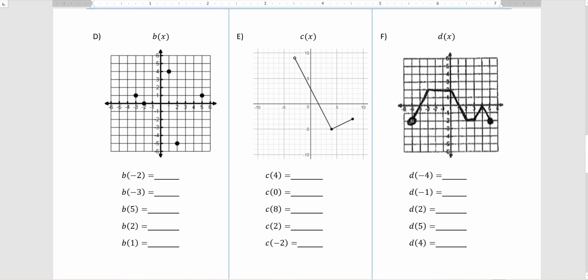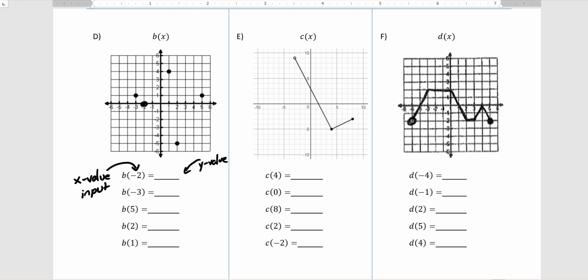So this is the same idea. All right. So my input, remember, represents the x value. So what they're asking for here is what y value does the point that has this x value have? All right, so looking at b of negative 2, I see it right here.